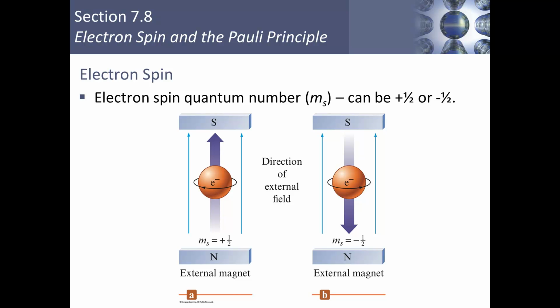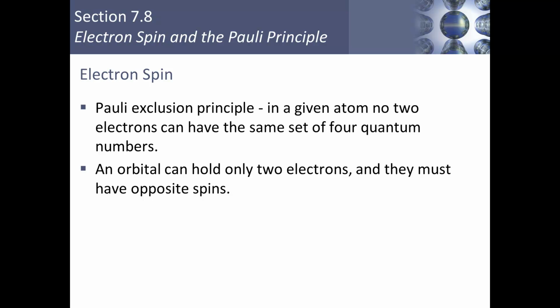This is important because, according to Wolfgang Pauli, in a given atom, no two electrons can have the same set of 4 quantum numbers, which means that they can't have the same n, l, m sub l, and m sub s value.